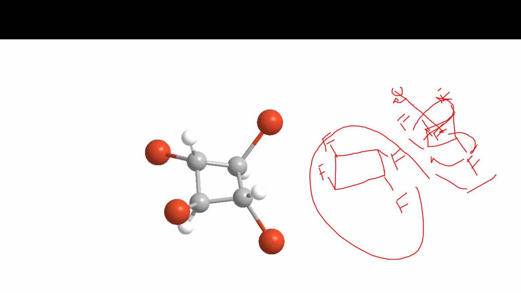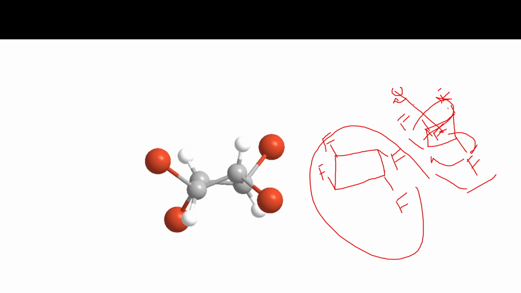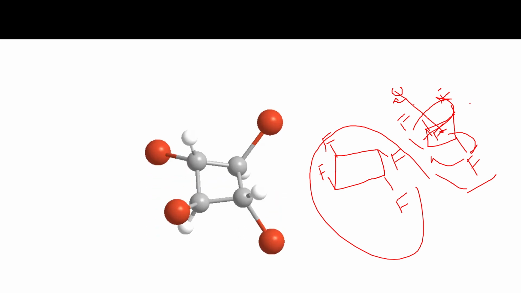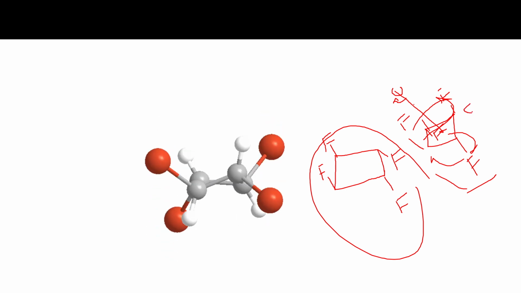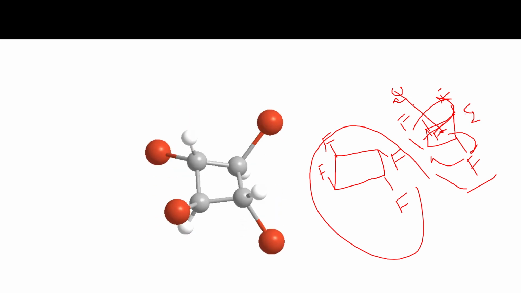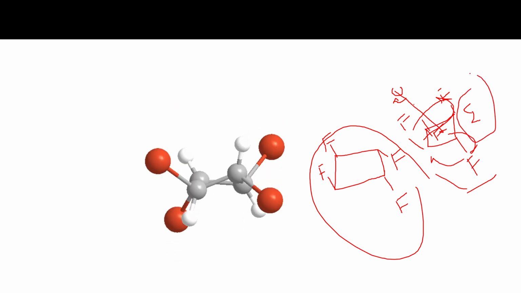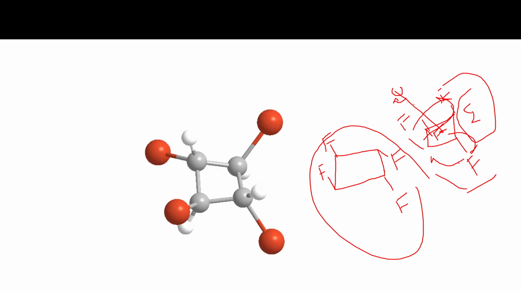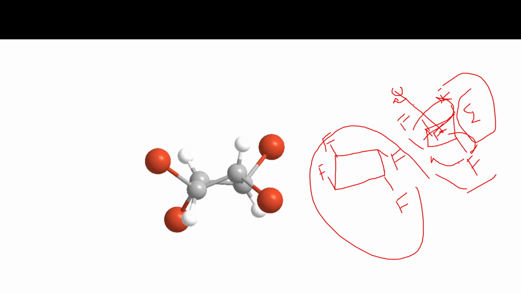So this one is possible, that indistinguishable one. So there will be one C2 present. Is another C2 possible in this molecule?